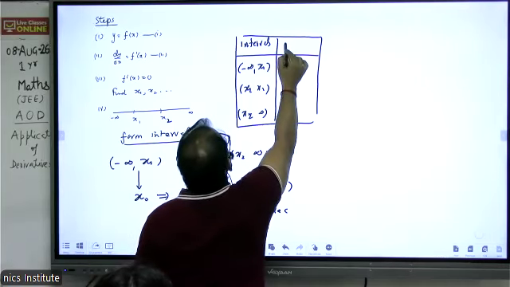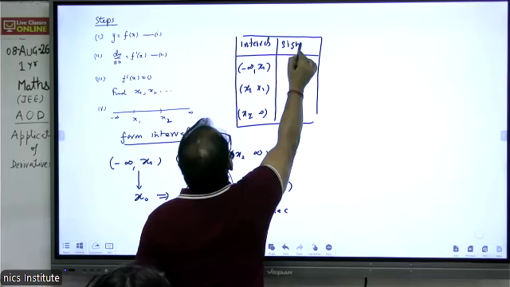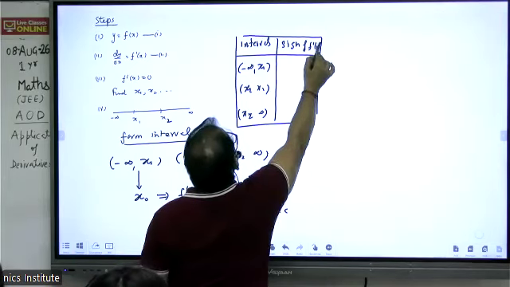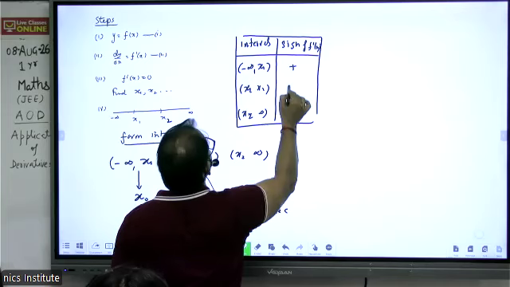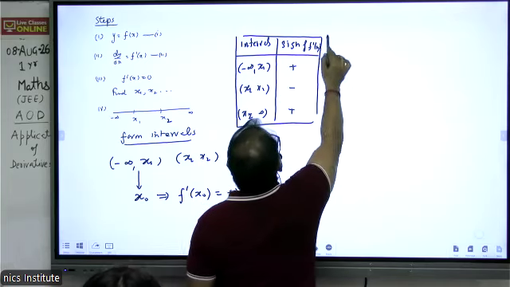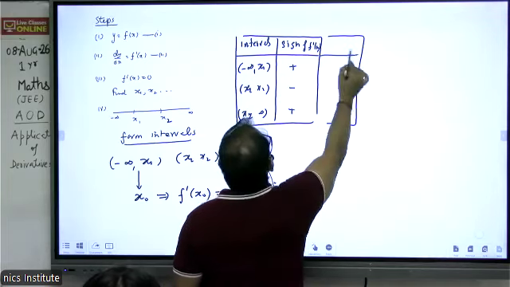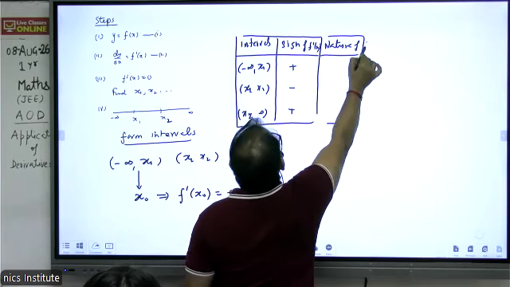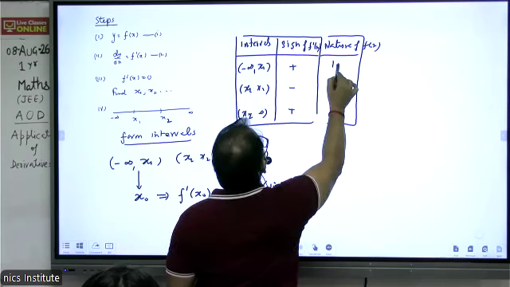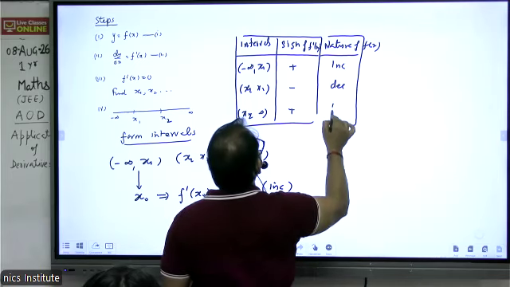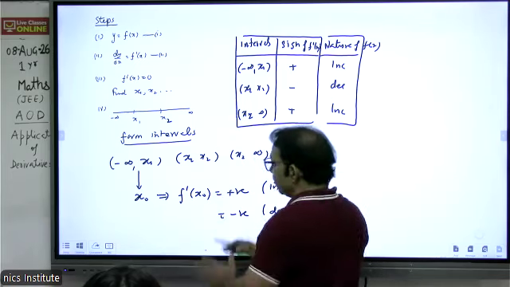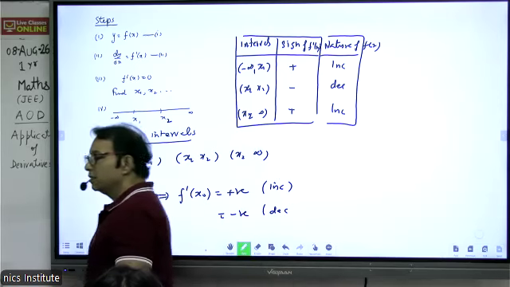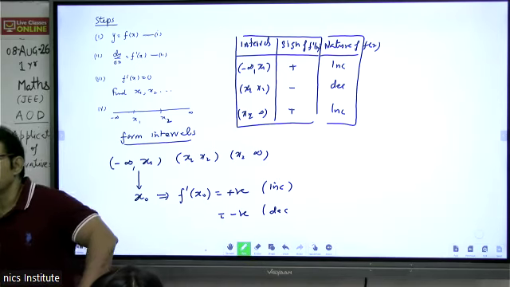Then the sign of f dash x, maybe positive, negative, positive. Then the third column, nature of the function, where you write increasing, decreasing, increasing. If you write this way, whatever you have done, nobody will see. They'll only see the box and the answer, and you get full marks.